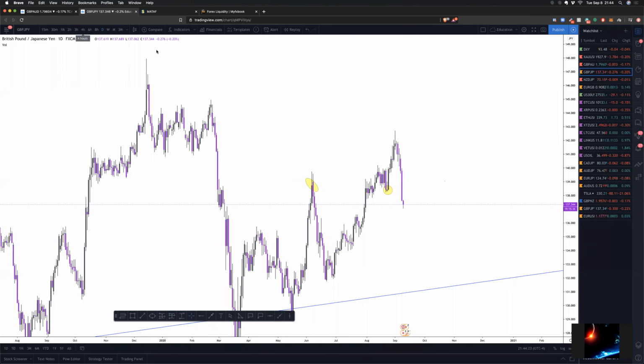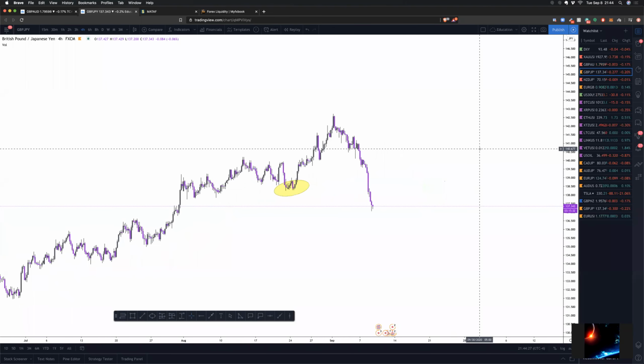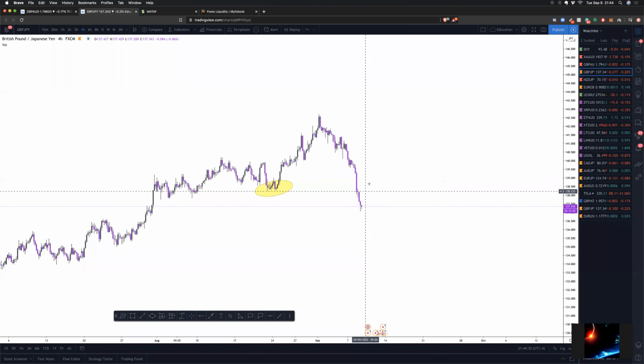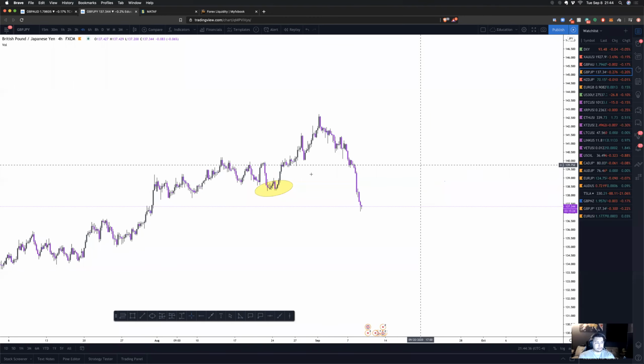So now dropping down to the 4 hour, I'm expecting to see a lower high be formed as a confirmation, somewhere in here. That's that confirmation I was talking about earlier. Exactly.